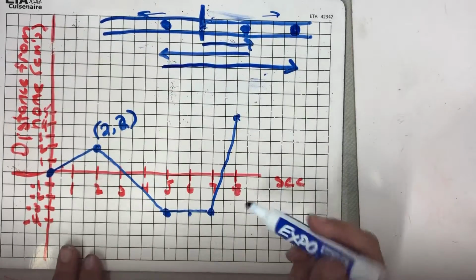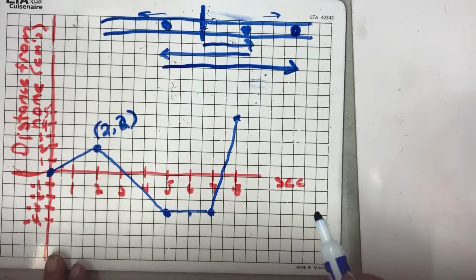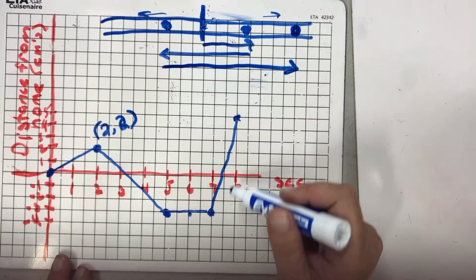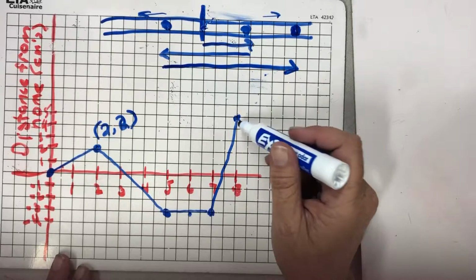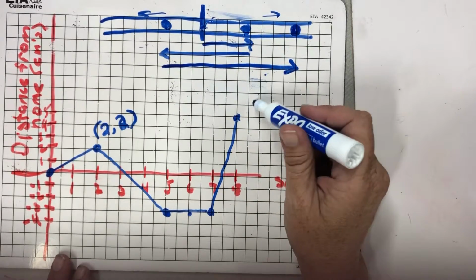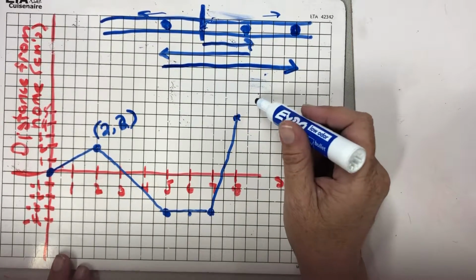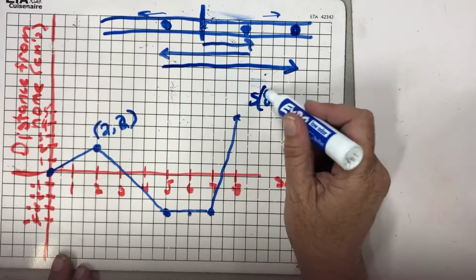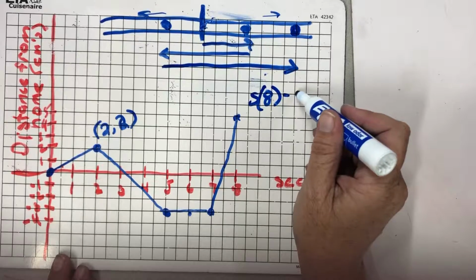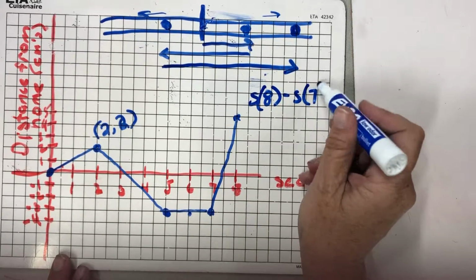If you want displacement, displacement is change in position. So if I want the displacement from second 7 to 8, I would just do the change in position, right? So it would be S of 8 minus S of 7.